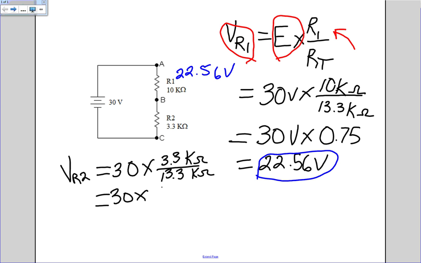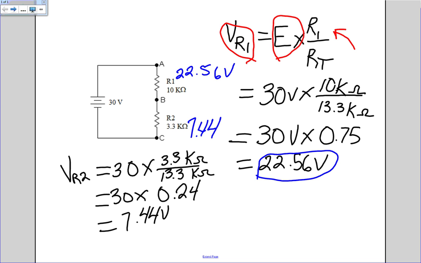So we're looking at 0.24 as our ratio. If we apply that decimal of 0.24 times 30 volts, you should come out to 7.44 volts. And that's our voltage drop across the second one. So we'll go up here and write that in.